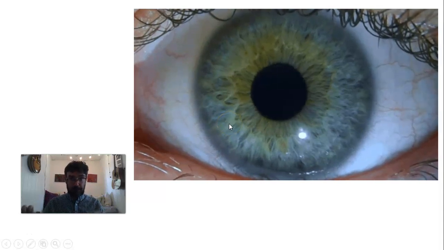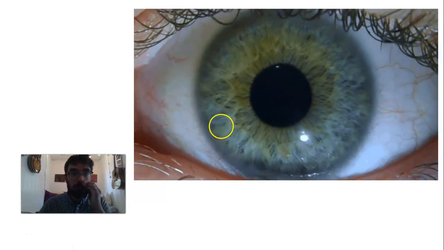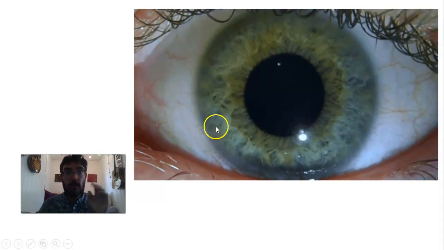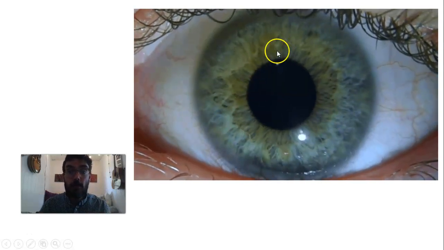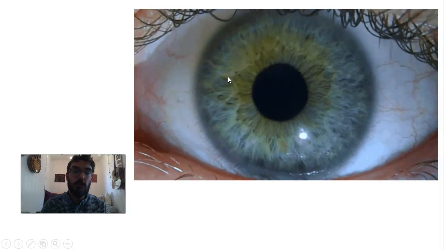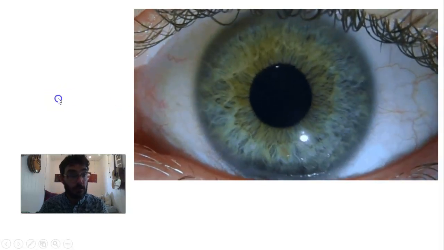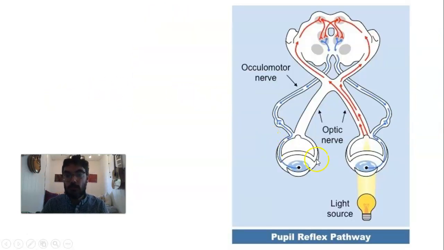Now, if you have a bright light shining in one of your eyes, both of your irises are going to contract together. And here's why. Because the pupil reflex pathway is rather interesting. Your eyes are connected to two nerves called the optic nerves.